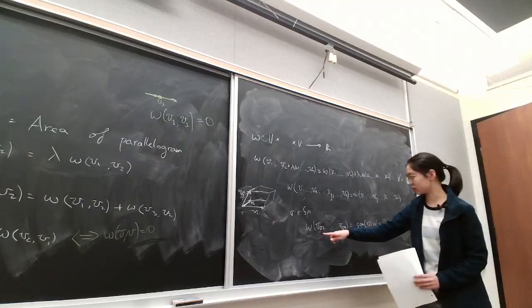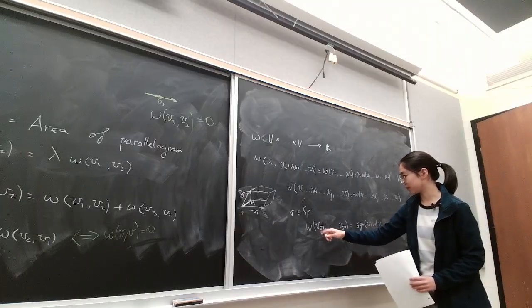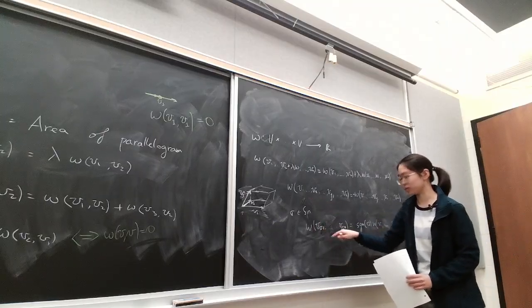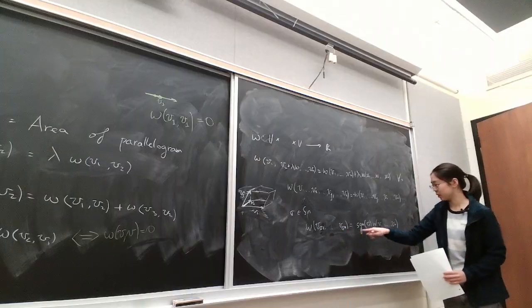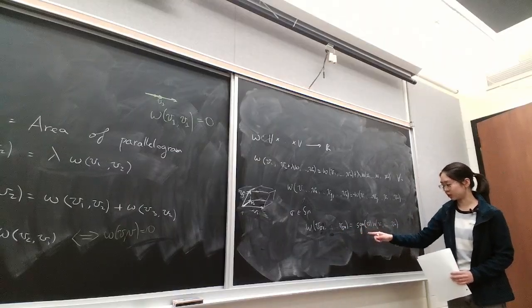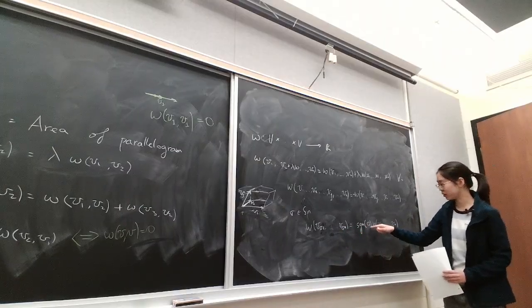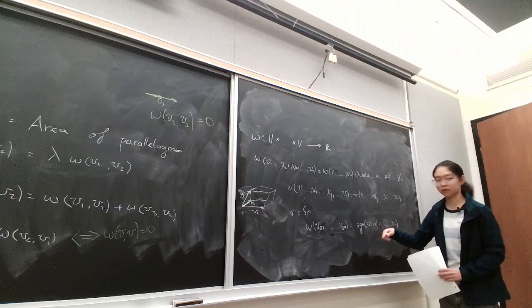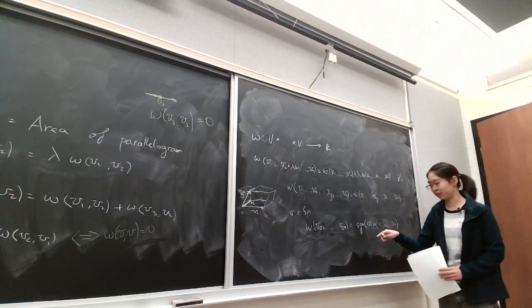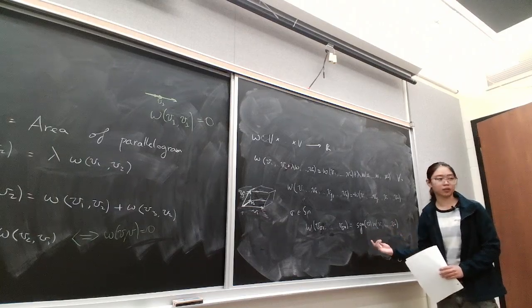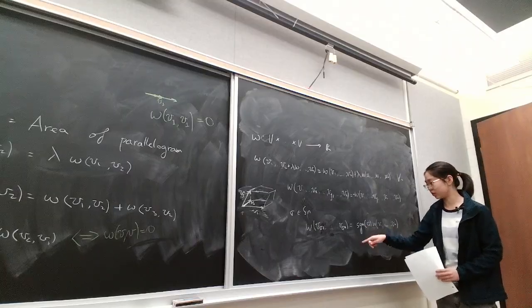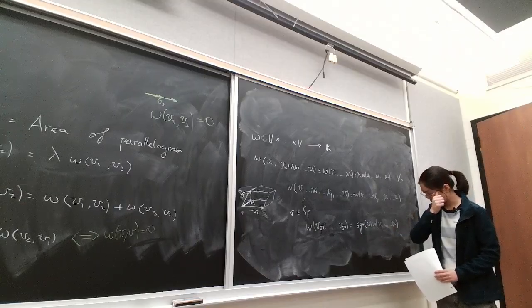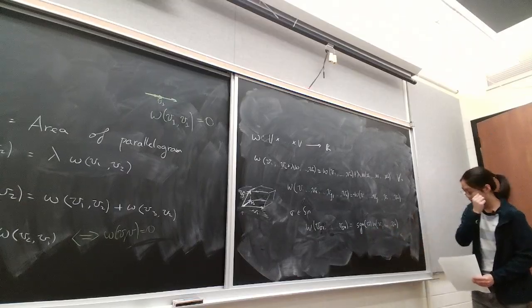So this is just applying a permutation to the coordinates, which is the same as making a bunch of swaps. And if it's even, so the sign of sigma is even if it's the composition of an even number of swaps, and if it's odd, then this gives you negative. Okay.